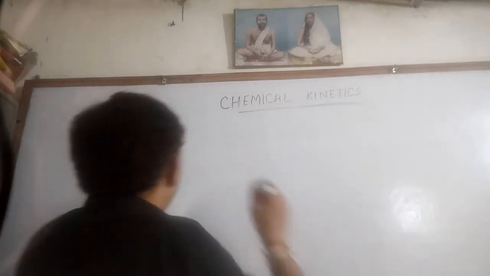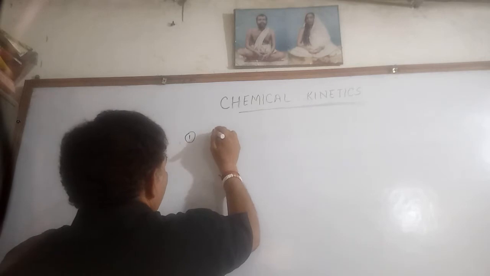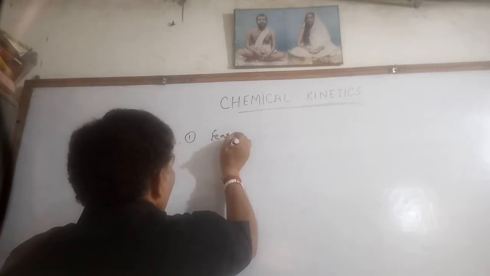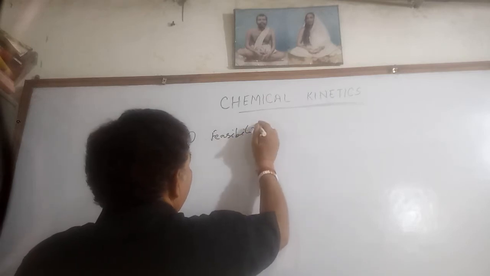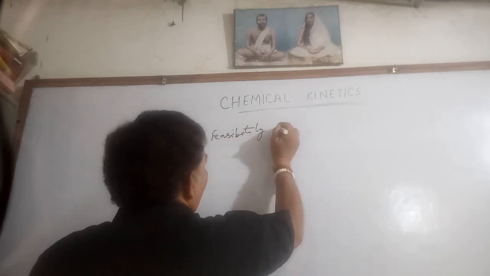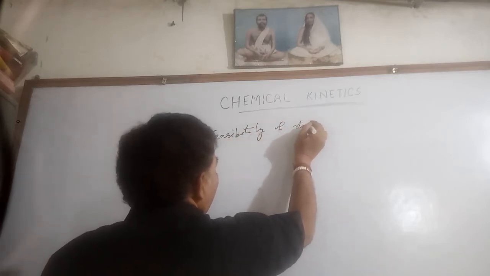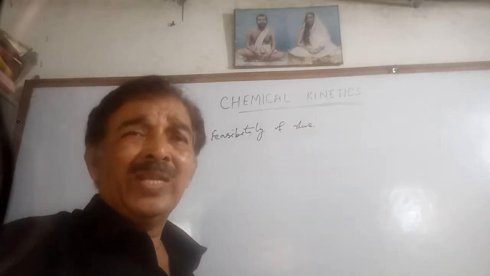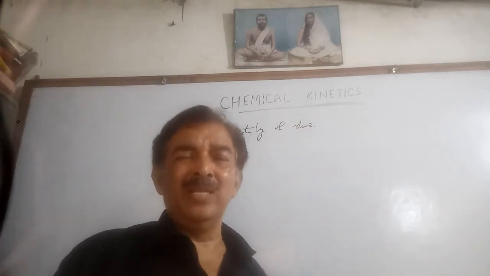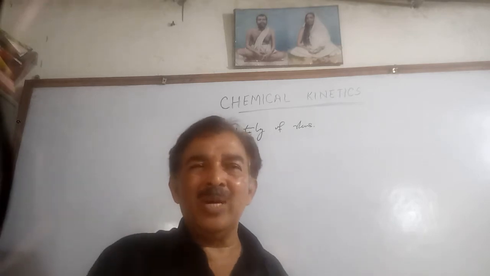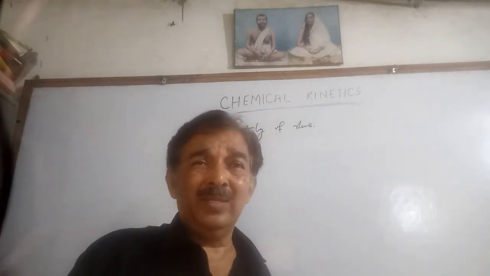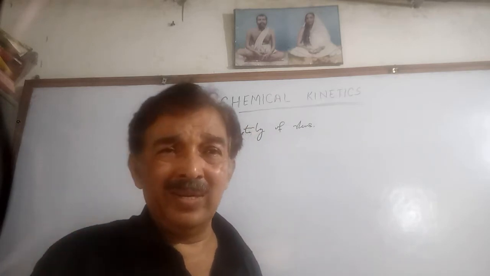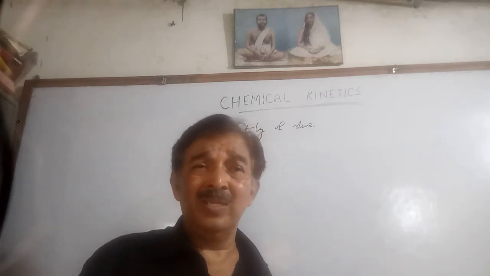They are: number one, feasibility of reactions, that is, the spontaneity of a reaction, whether a particular reaction will take place on its own in a particular direction under the prevailing conditions or not.